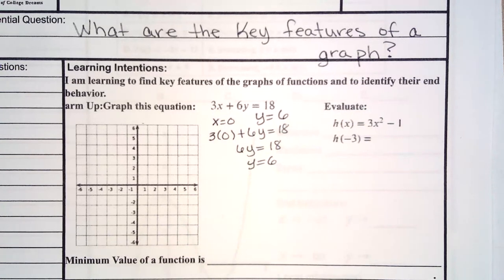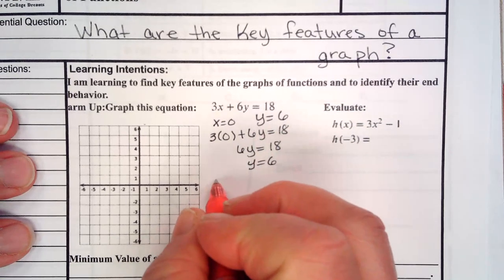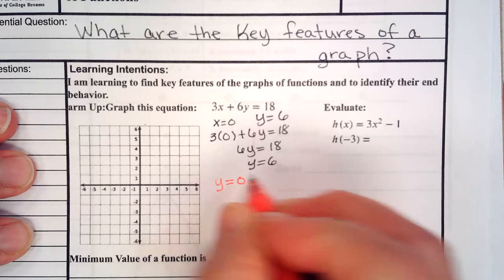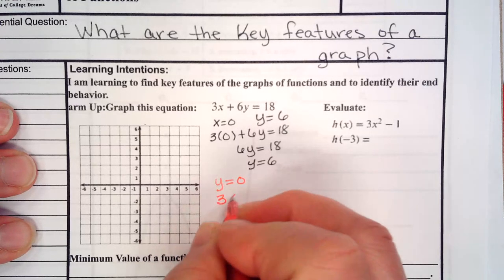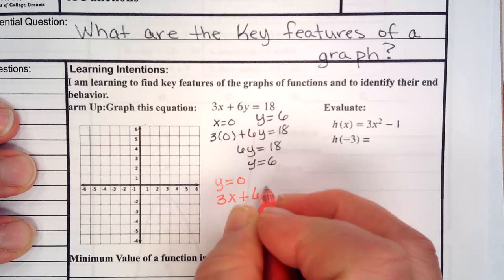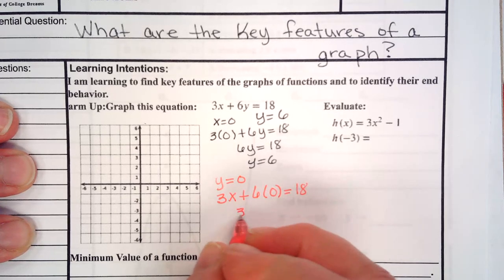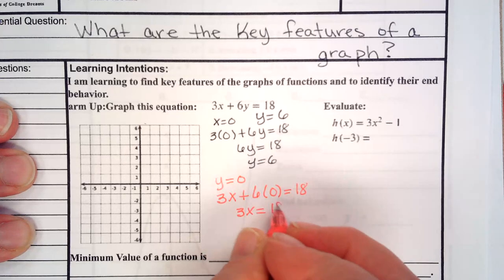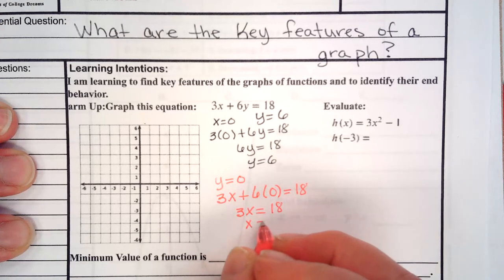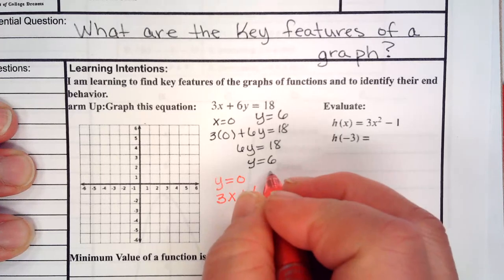For the second point, I'm going to have y is equal to 0. So 3x plus 6 times 0 is equal to 18. 3x is equal to 18. x is equal to 6.